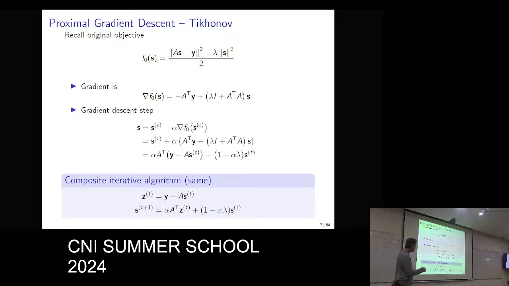It's a gradient descent that's inherited from my proximal optimization problem. In this step, what I do is I replace the gradient of f0 evaluated at st by the value that I had computed previously. So it's a substitution.